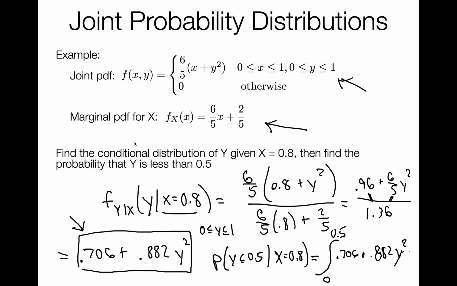Now I've run out of space, so I'm going to move up to the top of this slide. Forgive me for my sloppy writing. I want to take the antiderivative, and of course this is all dy.